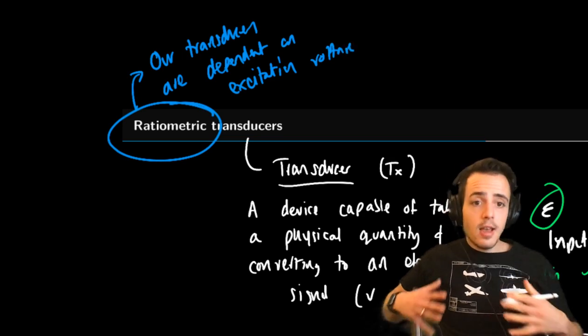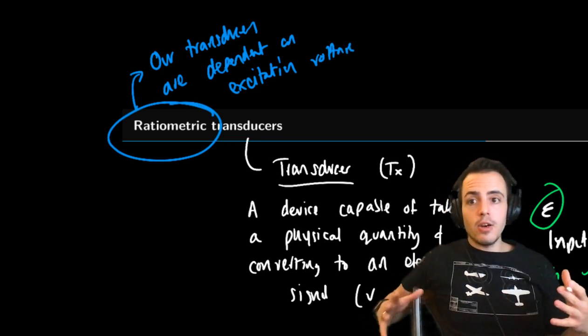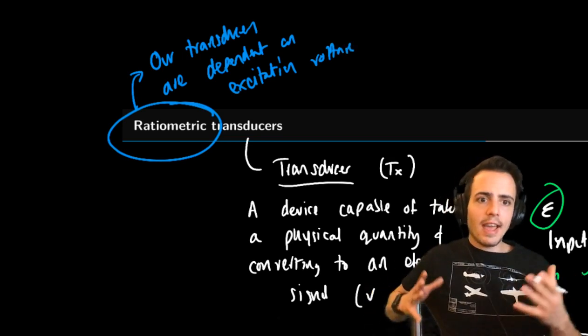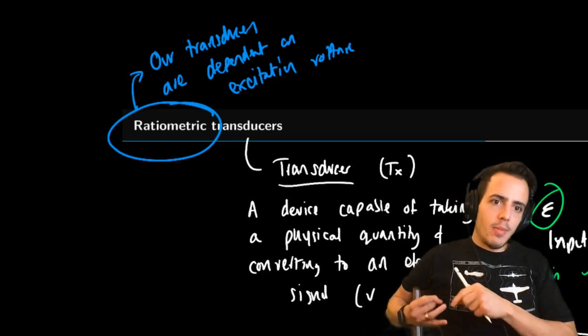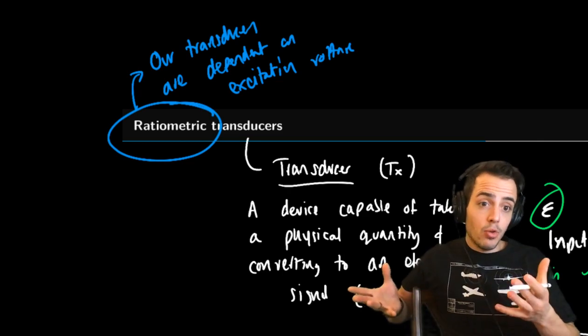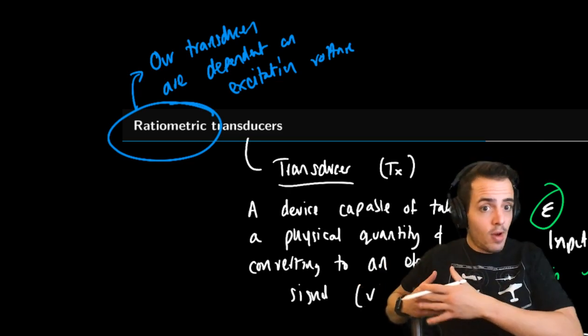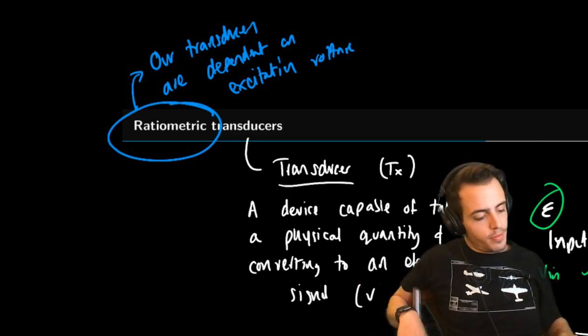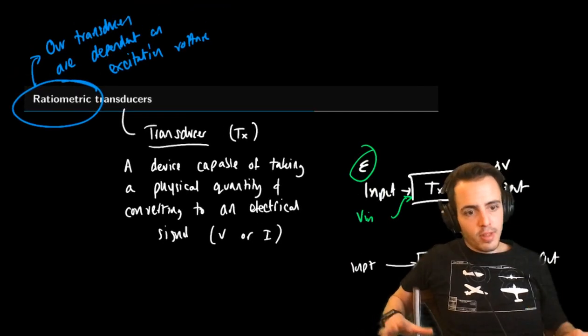And what that means is that they are dependent on the excitation voltage, and that can change not just from experiment to experiment, but from data point to data point, and if we're recording transient data during the time history of one measurement. So be really careful with this.